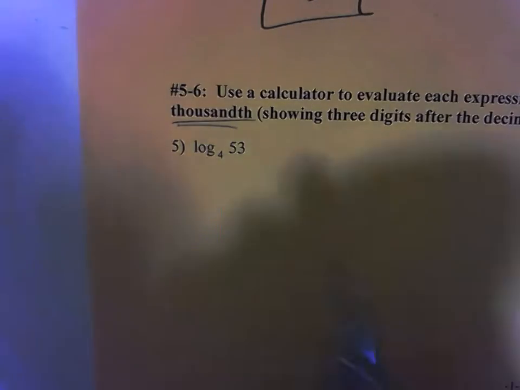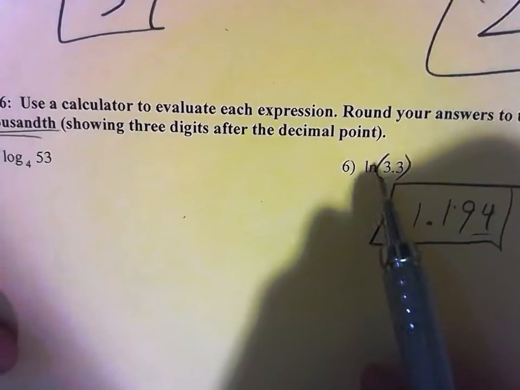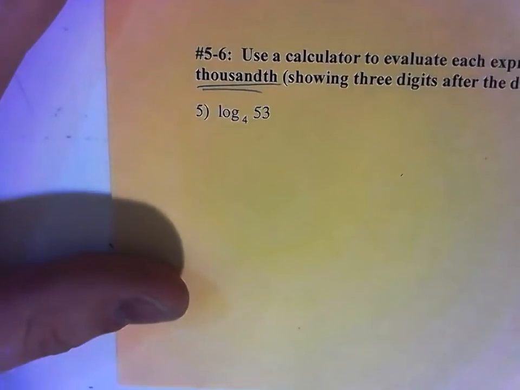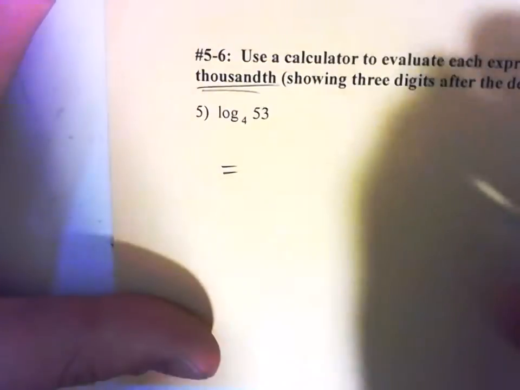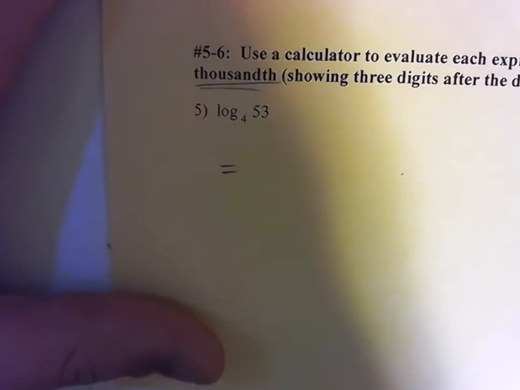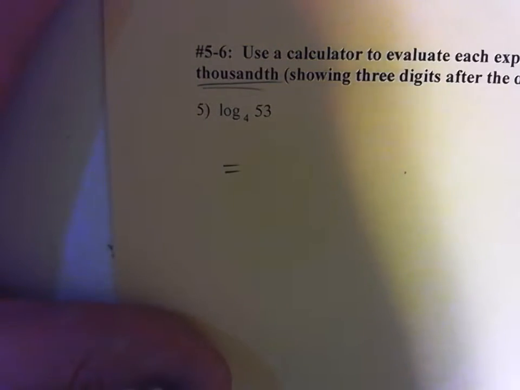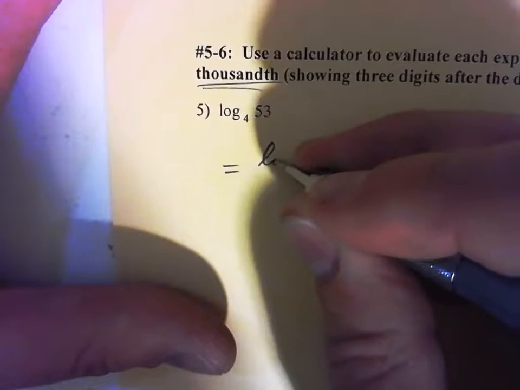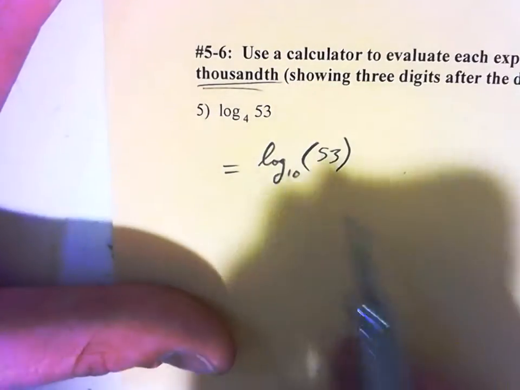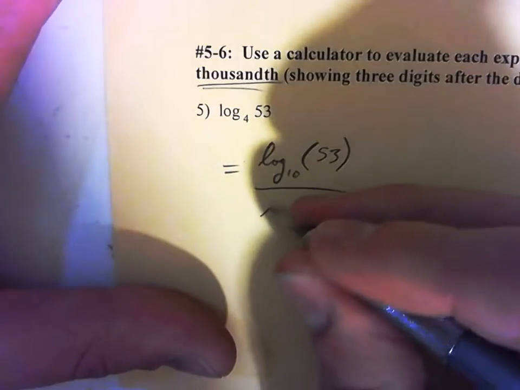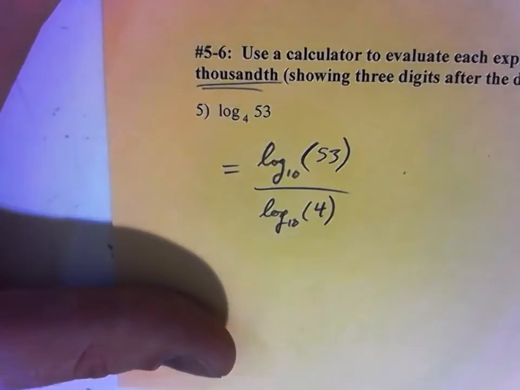Okay, this one, there's no log base 4 button. There's a natural log button, a log base e, which we just used over here, and there's a log base 10 button on your calculator, which just says log. So you've got to use your change of base formula. If you have it in your flip chart, which you could use on the test, this was easy peasy for you. Log base 10 of 53. How do I change the base of that log? Well, it's equivalent if you just divide by log base 10 of the thing you want to change the base to, which is 4.